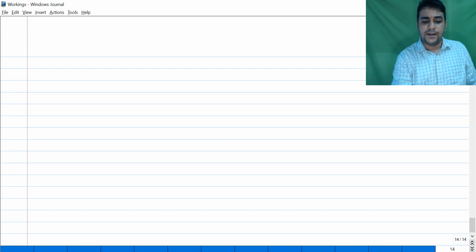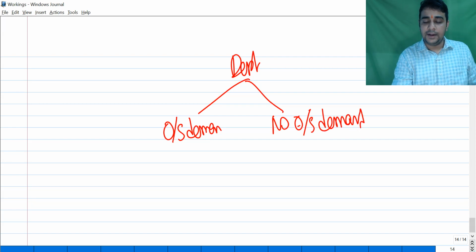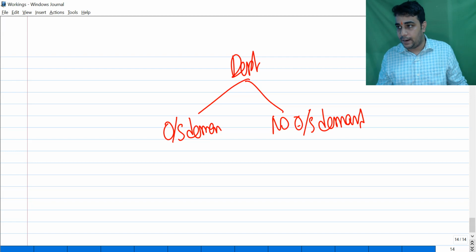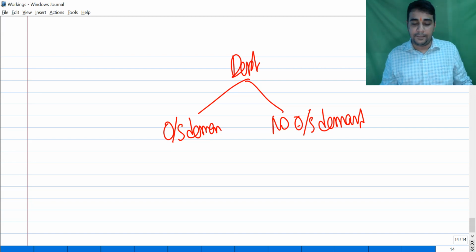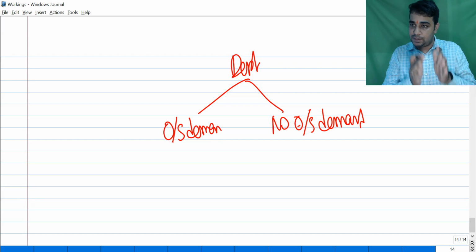Now, the departments would be of two categories: outside demand and no outside demand. There are departments which will have outside demand and there are departments which will not have outside demand. If you don't have any outside demand, this department is within the company.